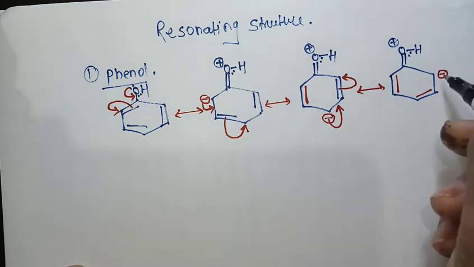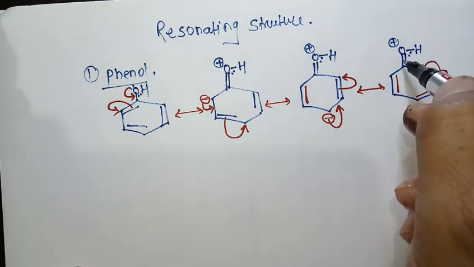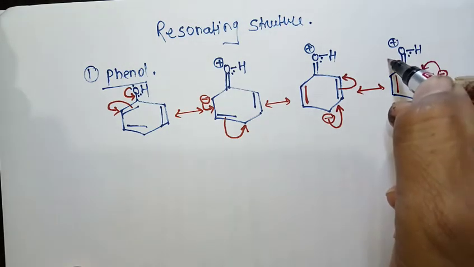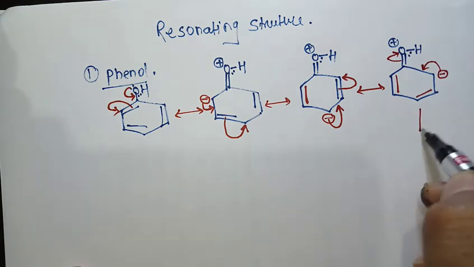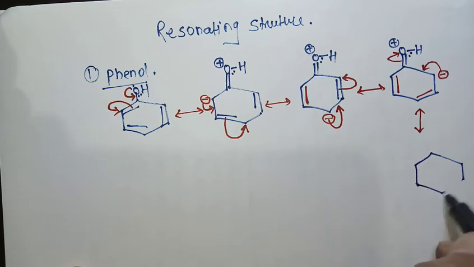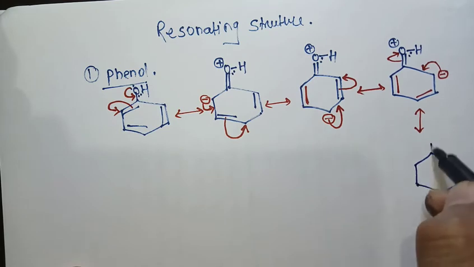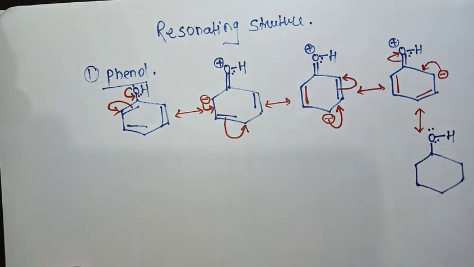Then this negative charge is converted into a pi bond, and this pi bond is converted again into an electron pair. So we get another, fifth structure, with three newly formed bonds.